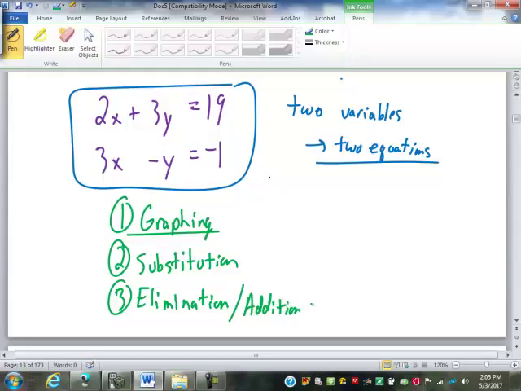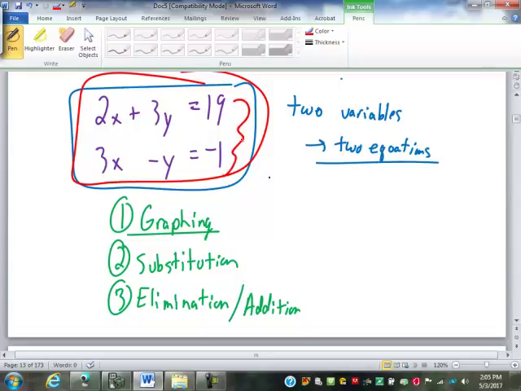Now, when we'd solve these two variable systems here, what we did, either substitution or elimination, was we got rid of one of the variables. We converted that two variables and two equations into one variable and one equation.